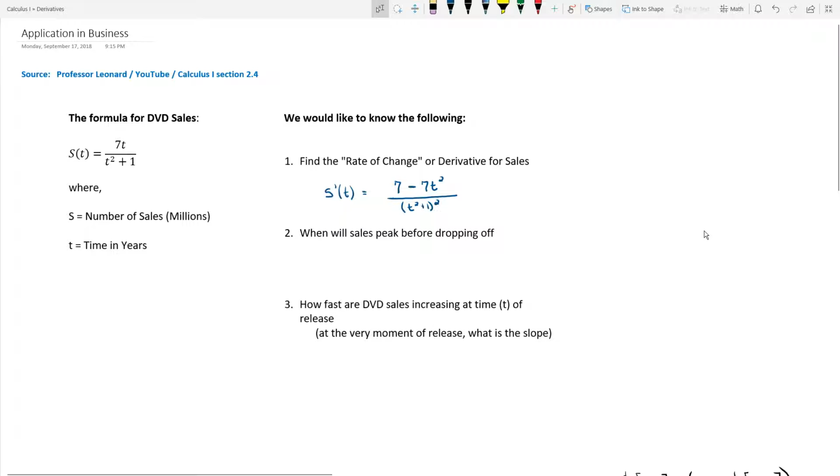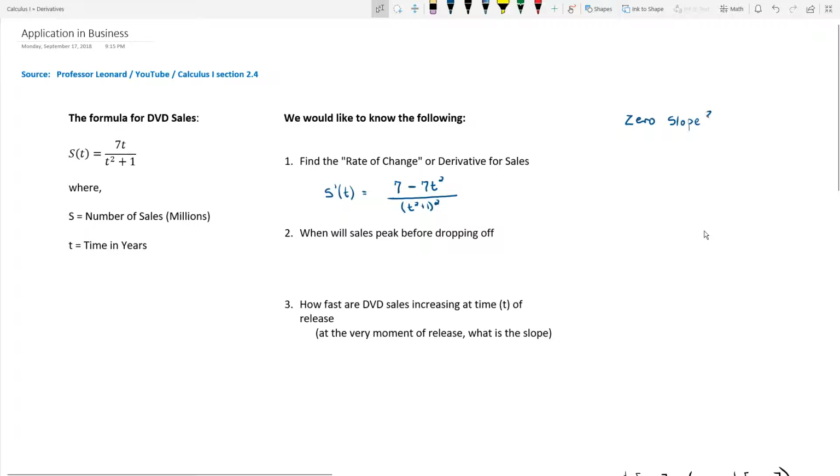So the next question is, when will sales peak before dropping off? If we want to restate this, it is the same as saying, when will I have a zero slope?